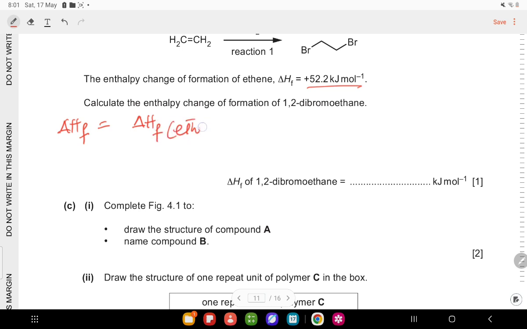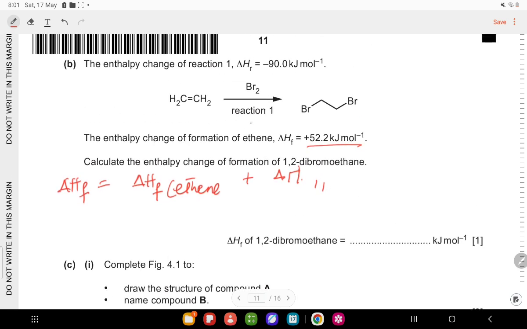Ethene plus delta H of reaction 1, plus hydrogen plus Br.